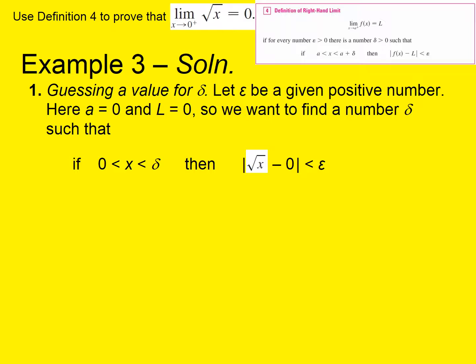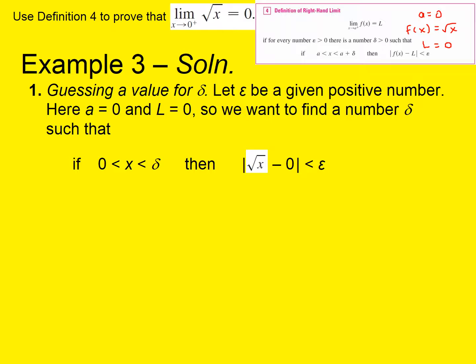Let epsilon be a given number. Here a is 0 and L is 0, right? So we're trying to find the limit as x approaches 0 from the right of square root of x equals L. So the a is 0, the f of x is the square root of x, and the L is 0.